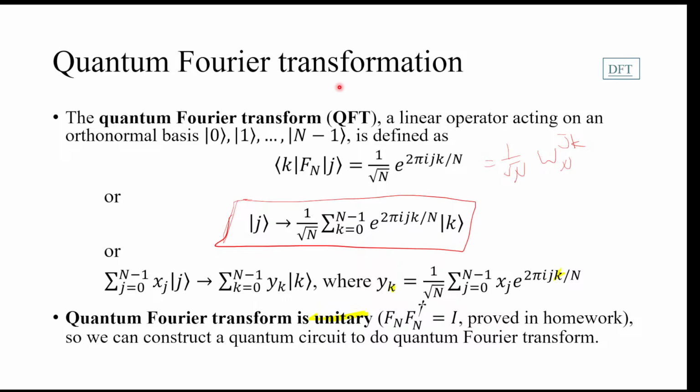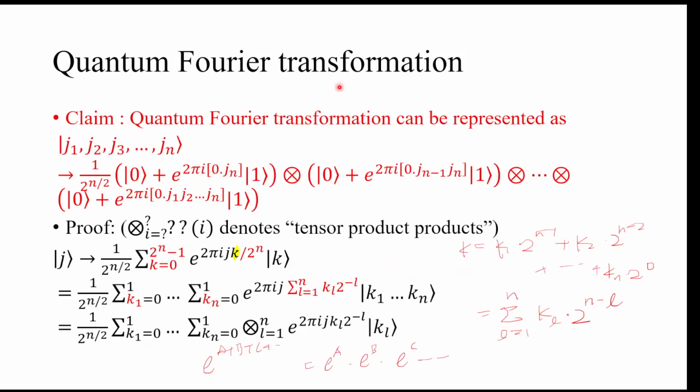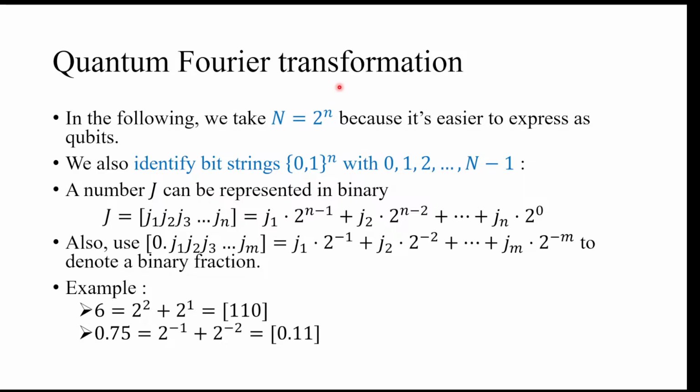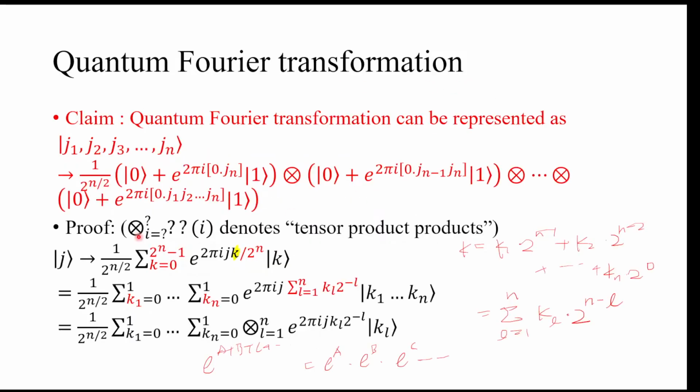We see that the discrete Fourier transform has this nice product form. If your input is a computational basis state, then the output is an interesting state where every qubit is basically a plus state multiplied by some z rotation.